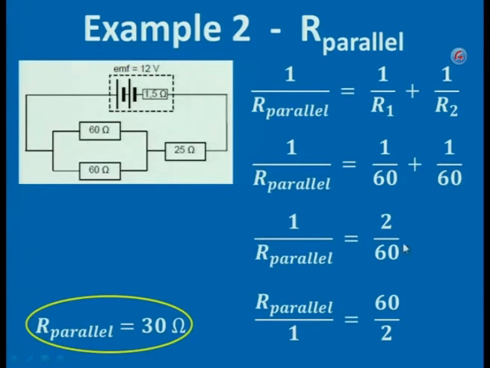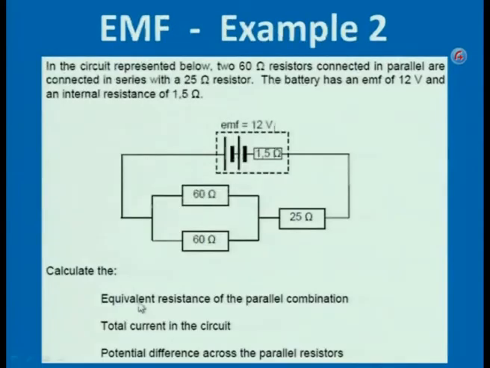Now you need to add them together to get 2 over 6. But we want R parallel, not 1 over R parallel. Therefore, we need to switch our fractions to get 6 divided by 2, which then gives you RP equal to 3 ohms.